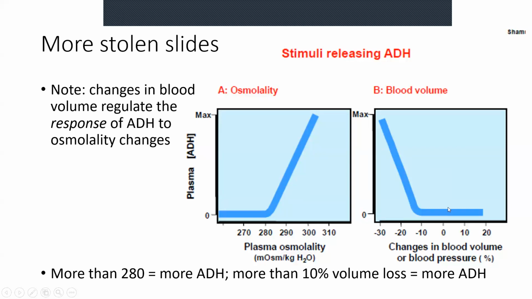Okay, and similarly with blood volume, once you drop below 10% of blood volume or blood pressure, you're going to see more release of ADH. But again, just to bear in mind, blood volume and blood pressure doesn't tell the brain to release ADH or stop releasing ADH. It tells the brain whether or not, or how much attention it should pay to the osmolality signals.